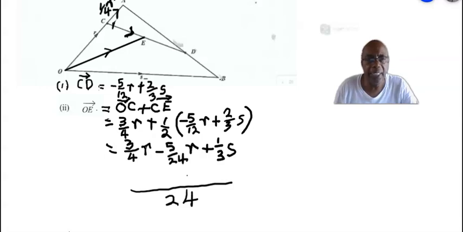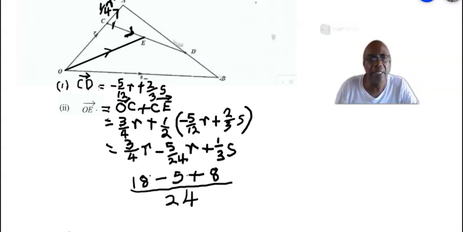So 6 times 4 is 24, so you multiply 6 times 3 to get 18. Minus, so it's just 5 over 24. Plus 3 times 8 is 24, so you multiply the 1 by 8 to get 8 over 24.